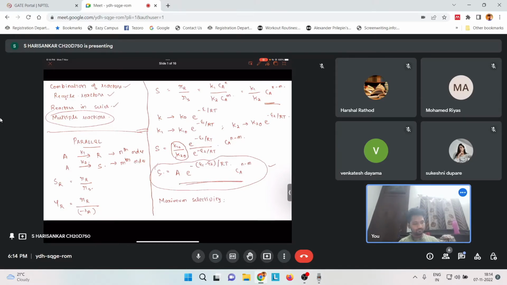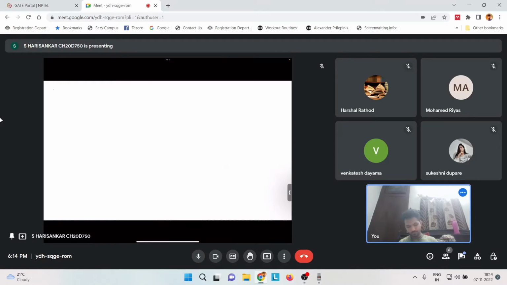So I'll show it to you guys. It's equal to A e raised to minus of E1 minus E2 by RT into Ca raised to N minus M. Okay, so this is our equation for selectivity, right? Now if we want to increase selectivity, how can we modify it in terms of the concentration? So the concentration term is Ca raised to N minus M, right?